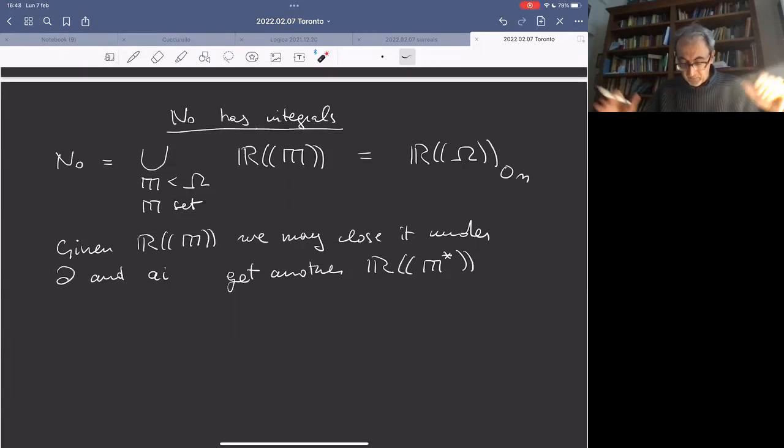class. Similarly, for asymptotic integrals, if you start with a set and you take the closure under asymptotic integrals and derivatives, you still have a set.